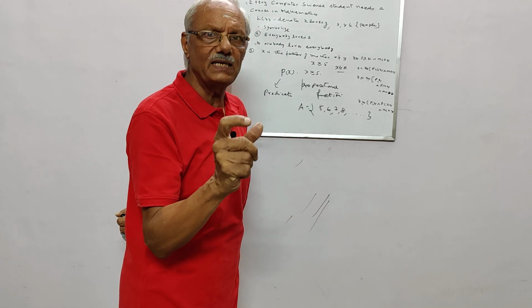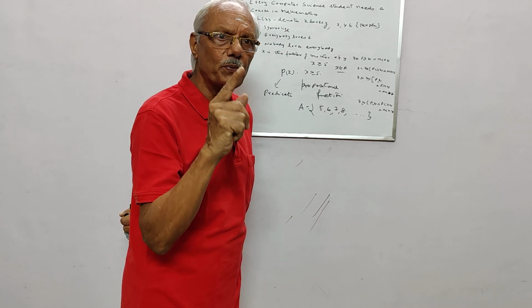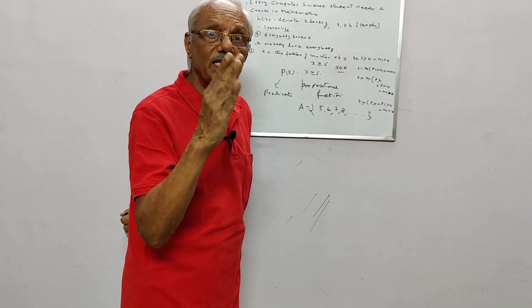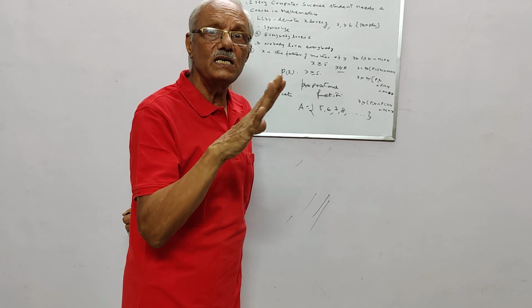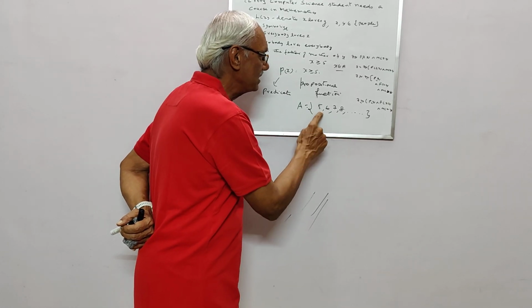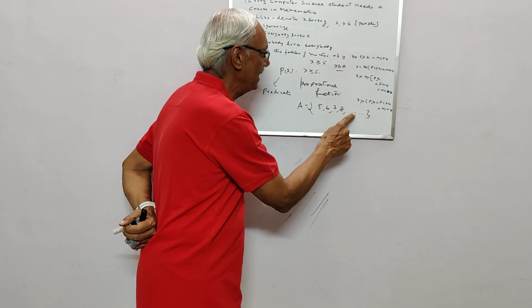So I am defining it like that. Now it means that x greater, but still it has not become a proposition unless and until x is clearly defined. Now x is a number which is taken from the set A, 5, 6, 7, 8, 9 like that.